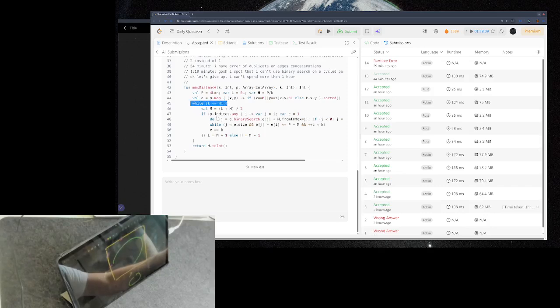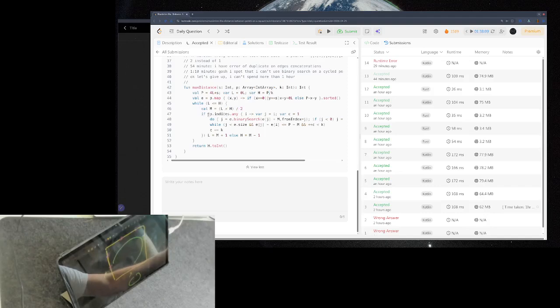And this is the outer loop. The interesting fact also is that the highest distance for the binary search is the perimeter divided by k. So this is a perfect fit. Or you can just use the perimeter, but divided by k is extra spicy.